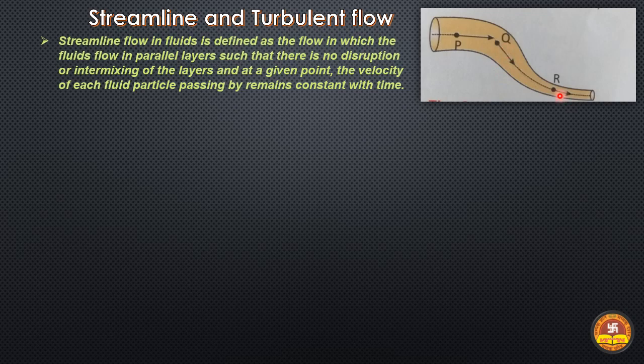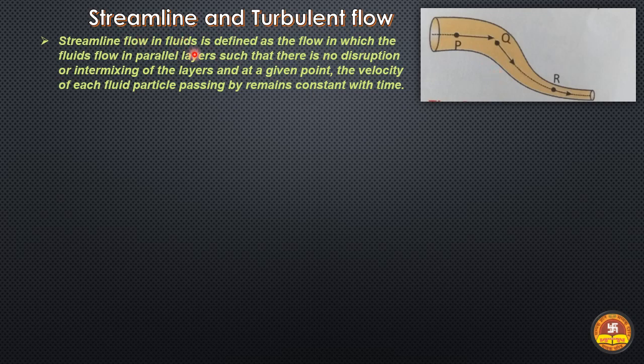Then as the fluid flows at any later instant, the velocities of the fluid are still V1 at P, V2 at Q and V3 at R and so on. Whatever liquid passes the point P will have velocity V1, whatever liquid passes point Q will have velocity V2, and whatever liquid passes point R will have velocity V3. If such a thing happens, then that kind of flow is called streamlined flow.